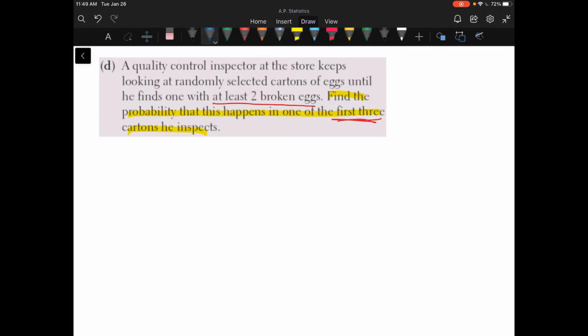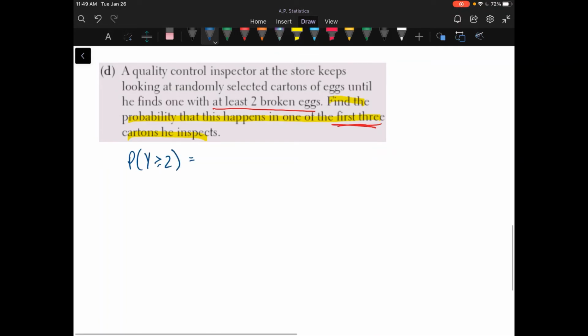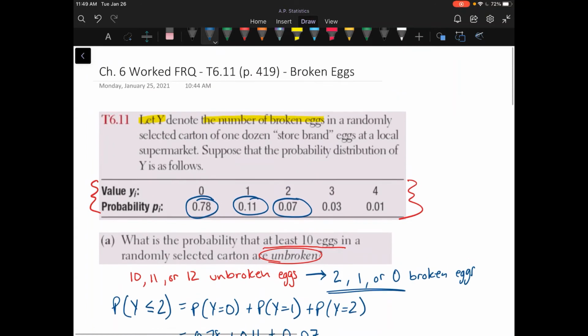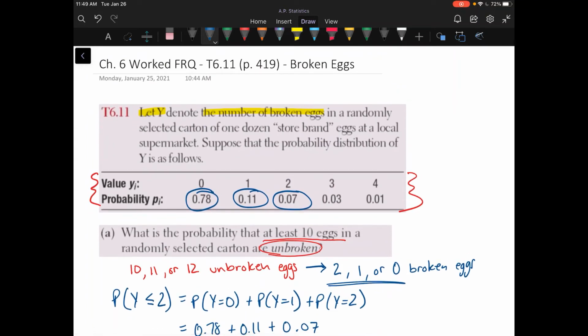Okay, so first, you need to find the probability of y being greater than or equal to 2, right? And this goes back to our original probability distribution. If we're looking at greater than or equal to 2, we're looking at these 3 probabilities. We'll add those up, 0.07 plus 0.03 plus 0.01, we get 0.11.